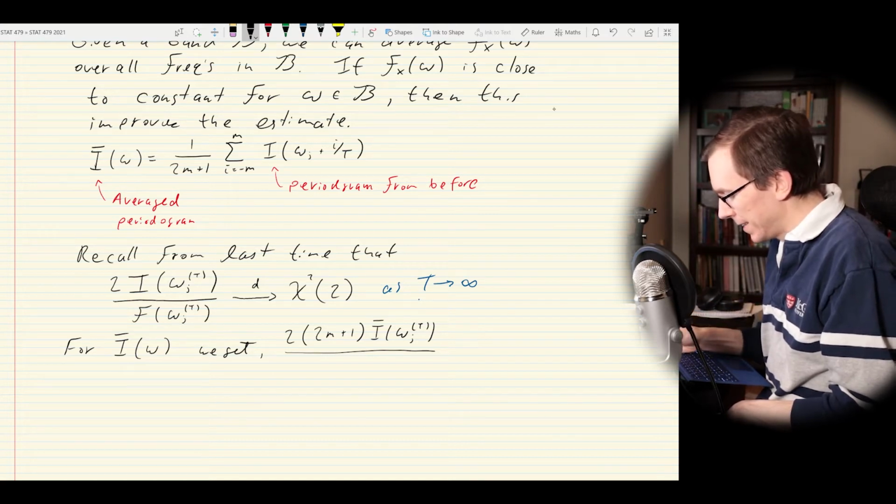Then we have to divide by the spectral density.